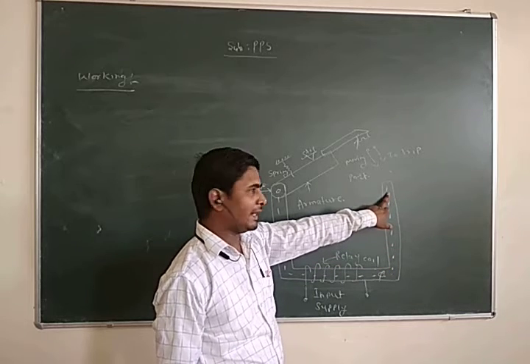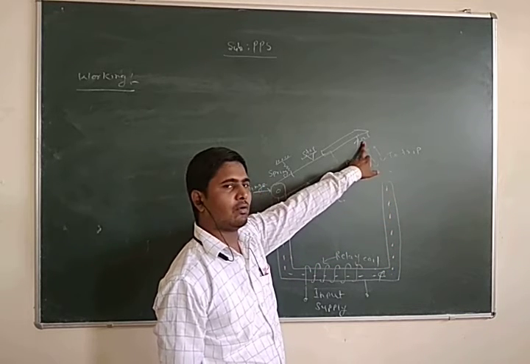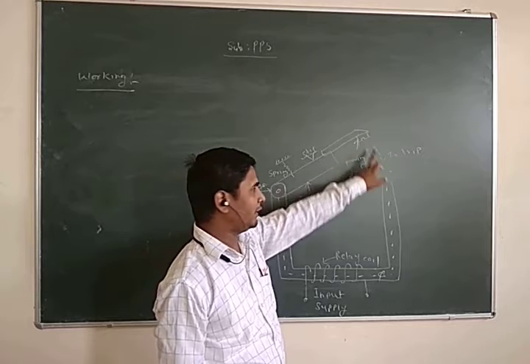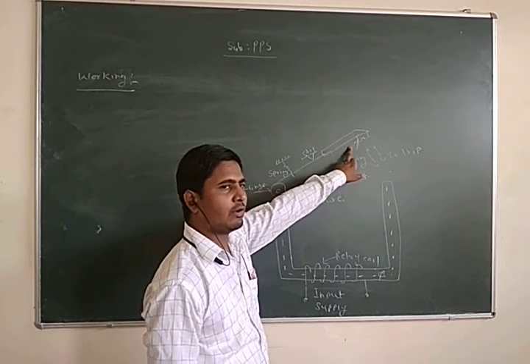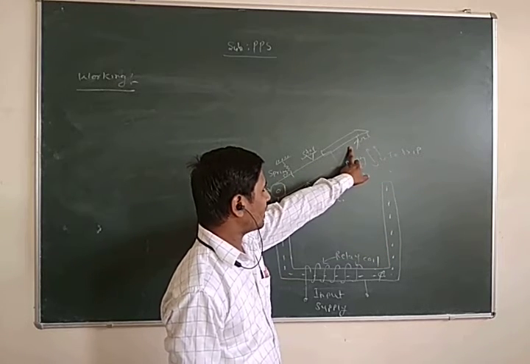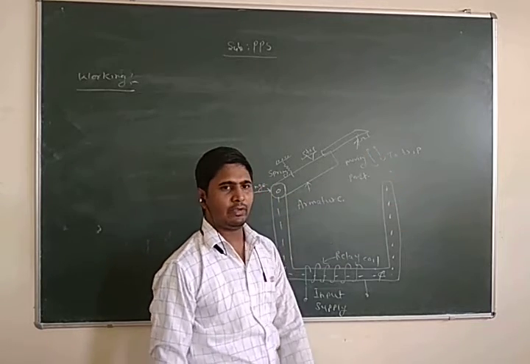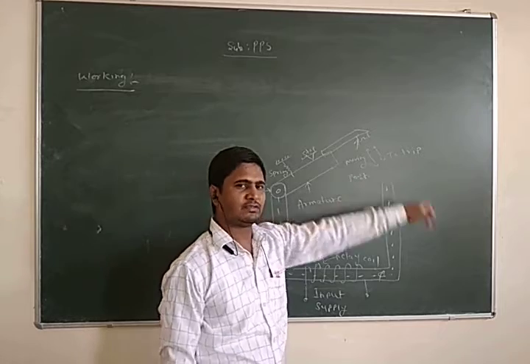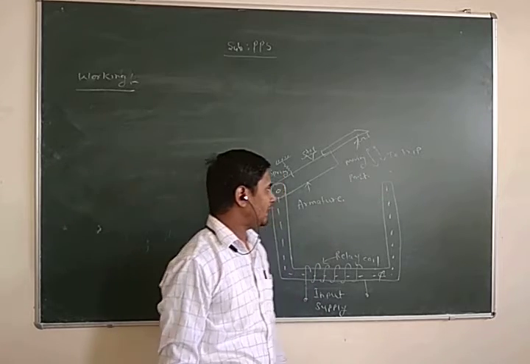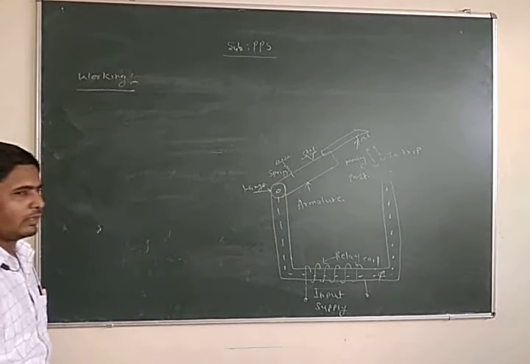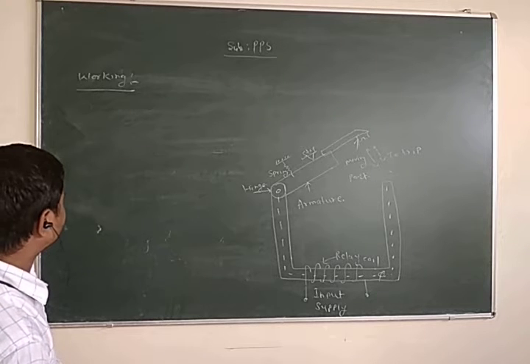This magnet attracts the metallic contacts, due to which the moving part comes in contact with the trip circuit, due to which a signal is sent to the circuit breaker, and the circuit breaker isolates the circuit.